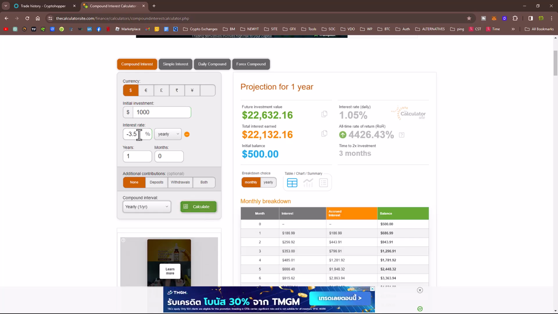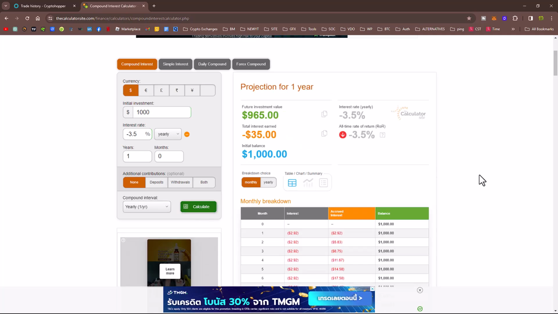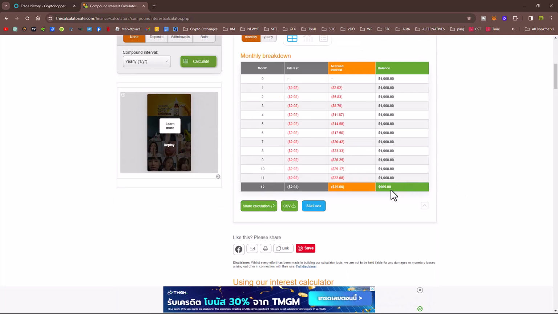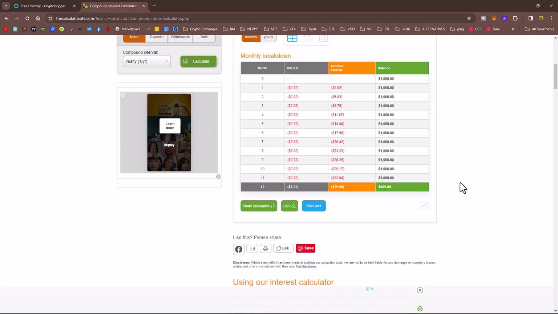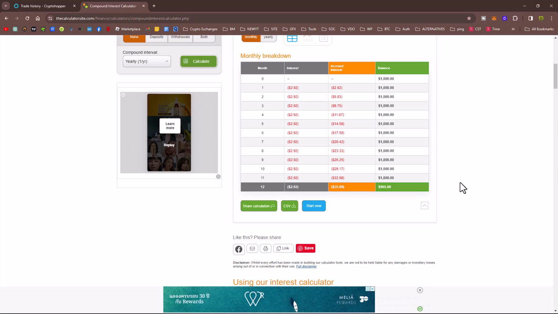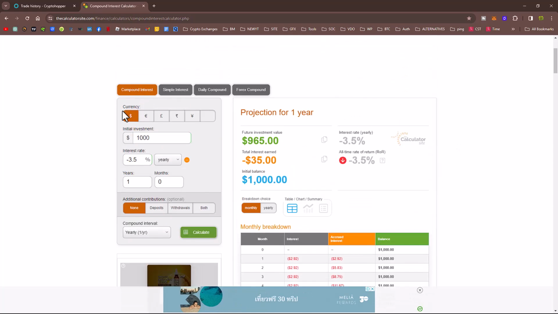It's obviously going to be worth 3.5% less than this, isn't it? You got $965 in the bank. Actually, that means spending power. You've still got $1,000, but the value of that $1,000 doesn't buy as much as it did a year before. All right? You leave that in 10 years.